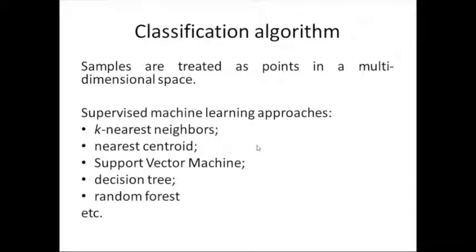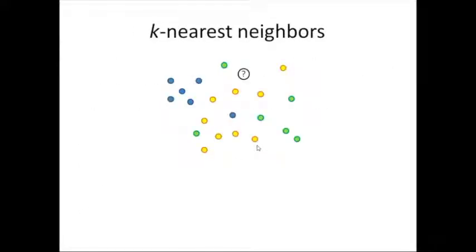And the coordinates of a point are simply expression levels of genes. And clearly, multiple supervised machine learning approaches can be used to construct a classifier. So we'll just go over the simplest approaches here.